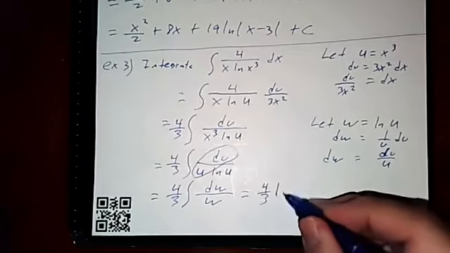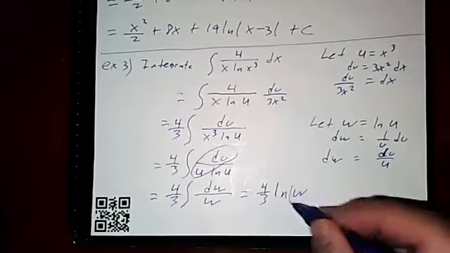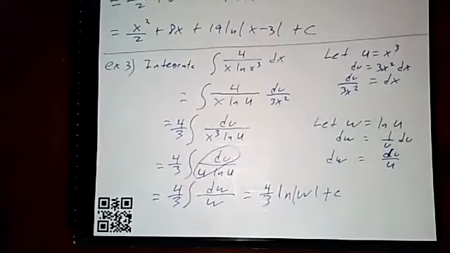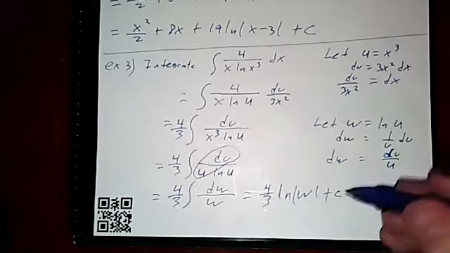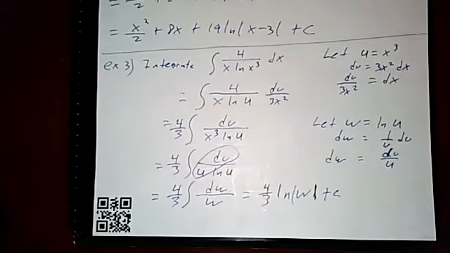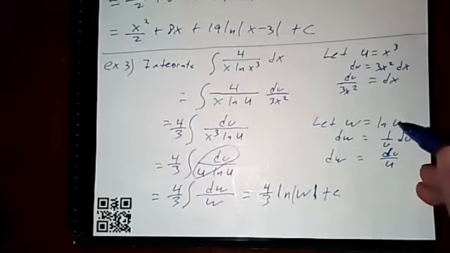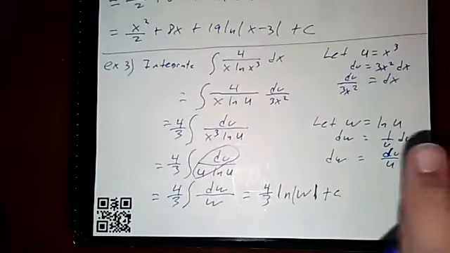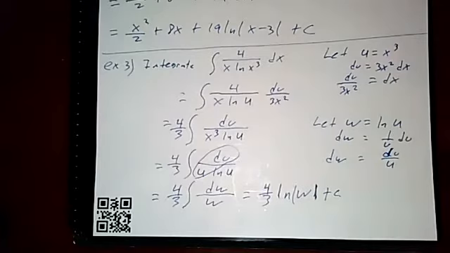Isn't this ln w? Is that absolute value of w? Yeah. Technically, they might have defined it in the question, but we should put absolute value if they don't mention it. If they don't define x, I mean.